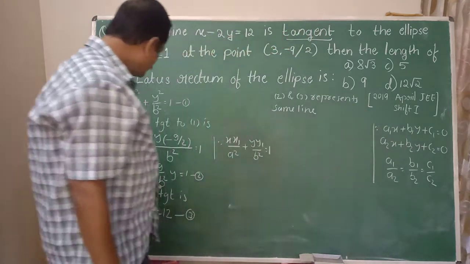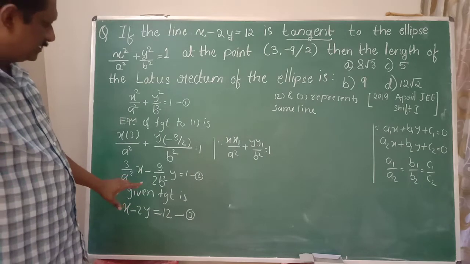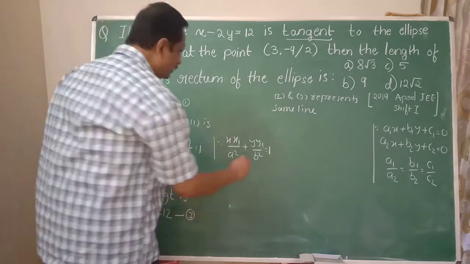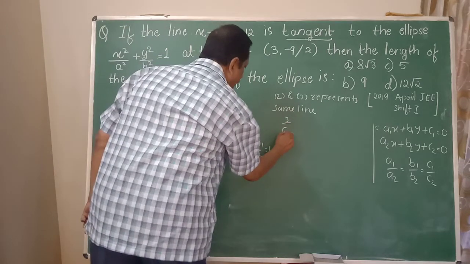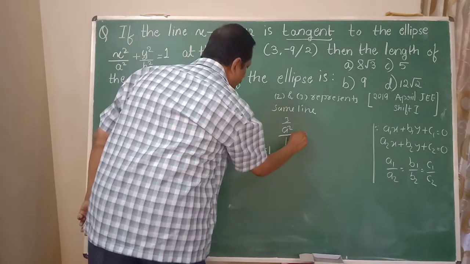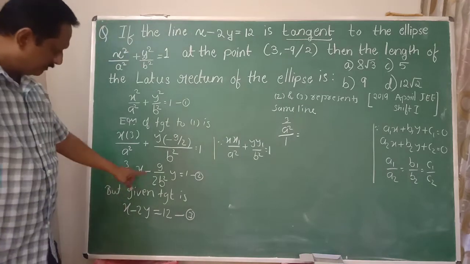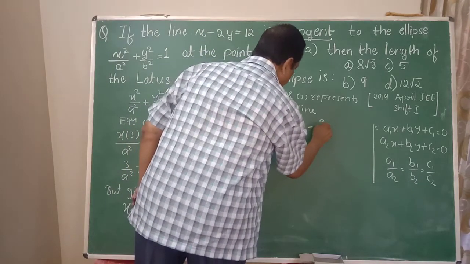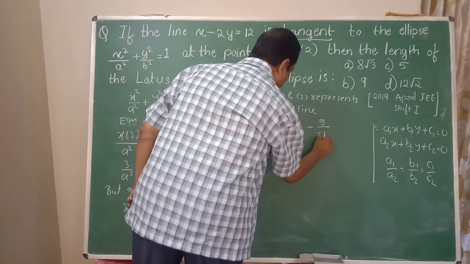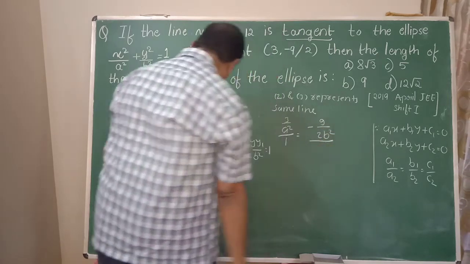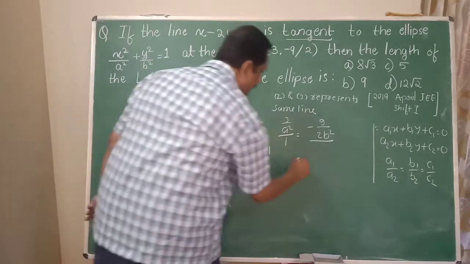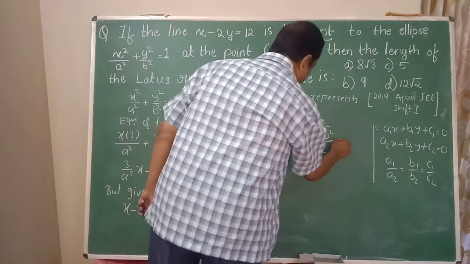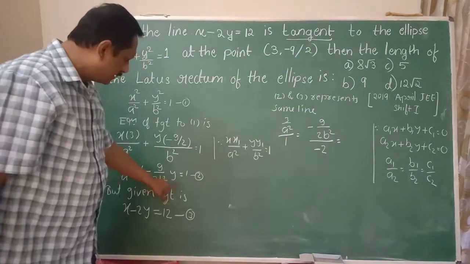Therefore 2 and 3 represent the same line. So 3 divided by a square divided by 1 is equal to minus 9 upon 2b square divided by minus 2, and that is equal to 1 divided by 12.